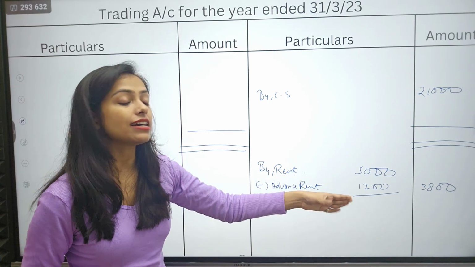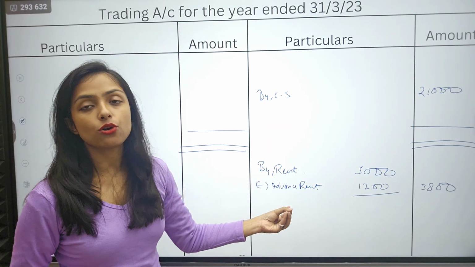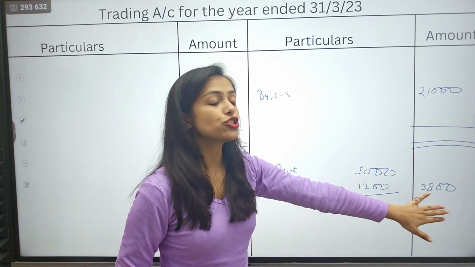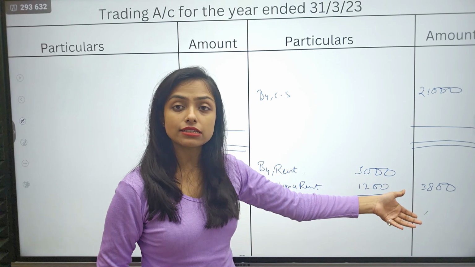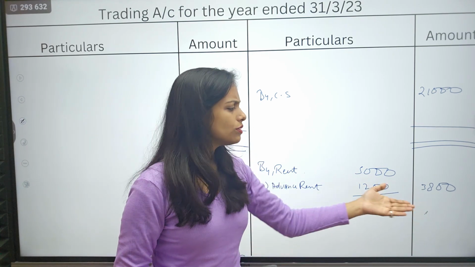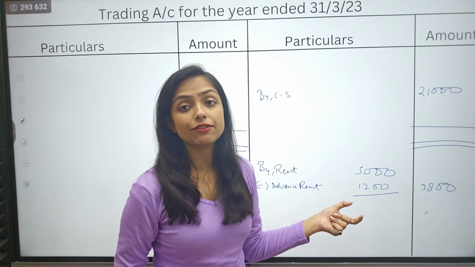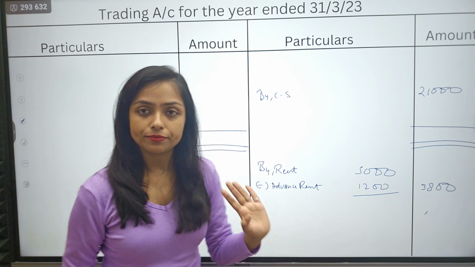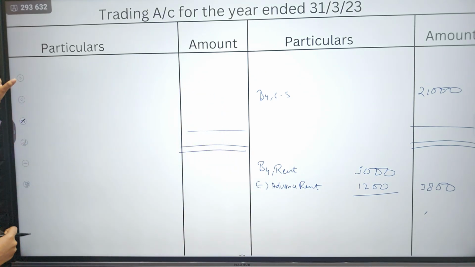Okay, this is something that I should be writing in the outer column of my PL account, because this is the amount that I should have received in this year. Only this much rental services I have given to my tenant, so only this much should have been received, but he gave me more than it was required, so I will reduce that much amount. Fine, according to my accrual concept.